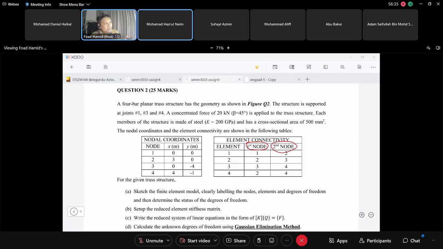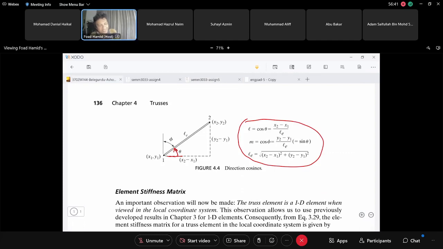To determine the angle. Yes, this one. Remember this. We need to know which one is node 1 or node 2. If it so happens that our node 1 is here and our node 2 is here, so the angle is from here to here. It is not from here to here, okay? So this is why we need to identify the local node numbers.